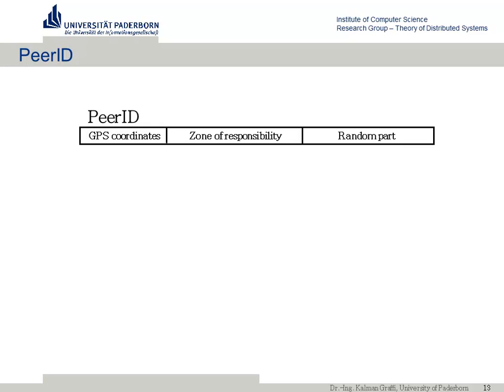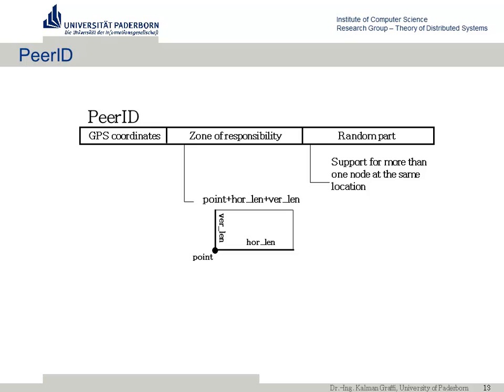You also have the zone of responsibility that you can announce by giving the shape of your rectangle if you are responsible for one. And there's a random part for all the nodes which are placed on the same GPS coordinates and don't have a zone of responsibility, so that part would be 0, and so that they can be differentiated. So again: X and Y coordinates and the zone of responsibility, the rectangular shape.